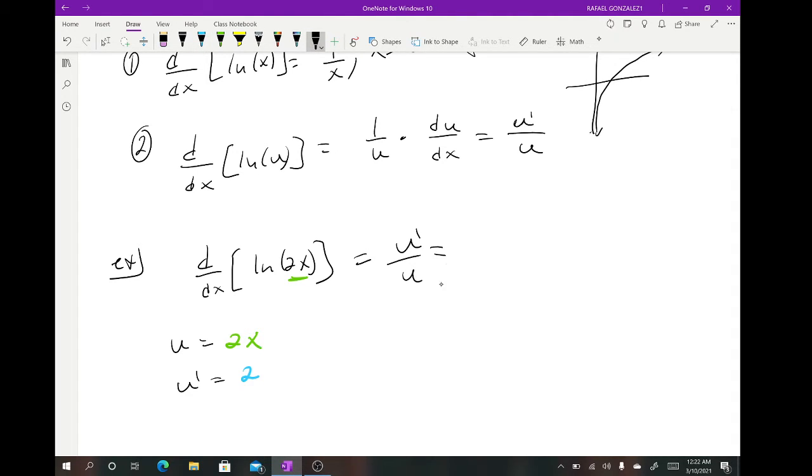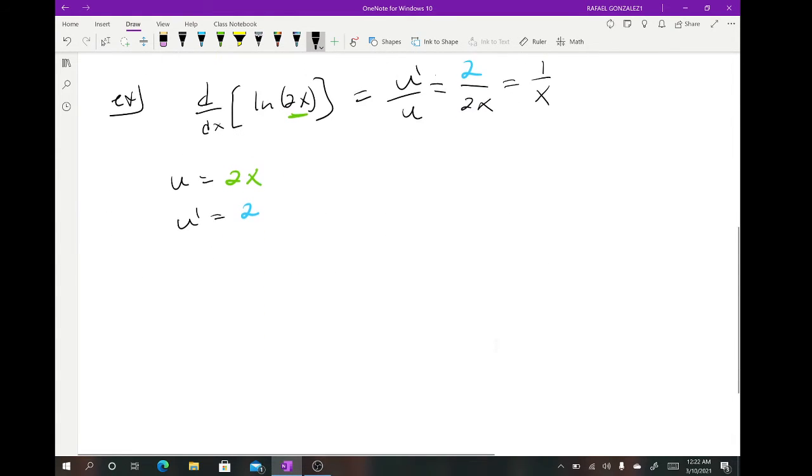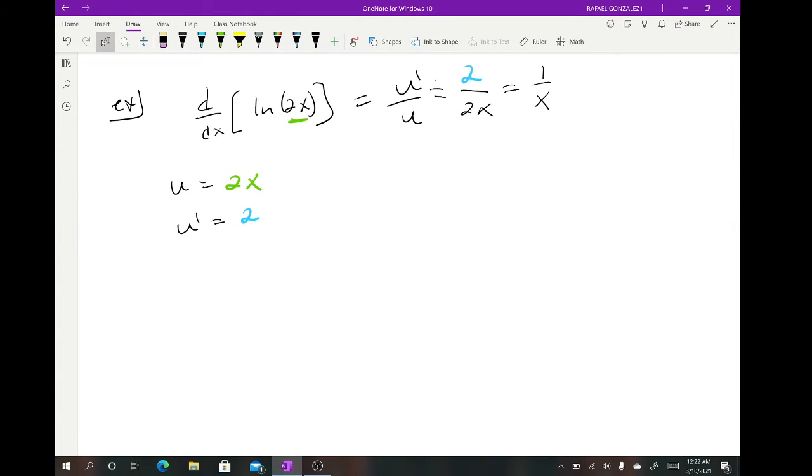Putting this together, we have u prime divided by u. u prime is 2, and u is still just 2x. So this is simply 2 over 2x, and because 2 divided by 2 is 1, we can cancel, and we have just simply 1 over x.